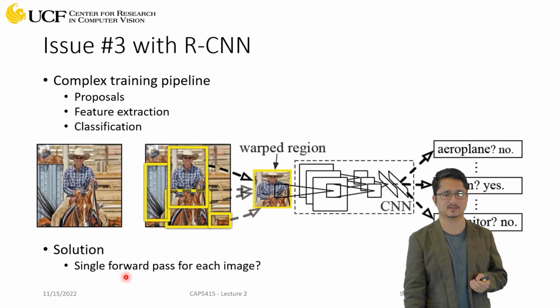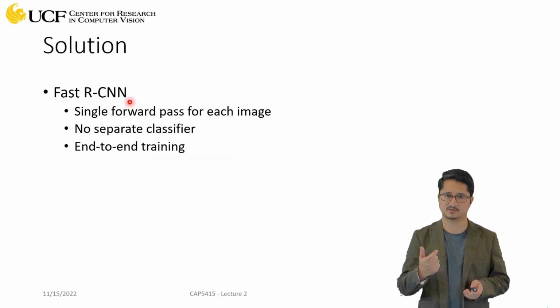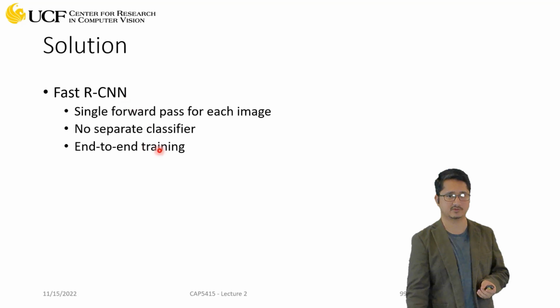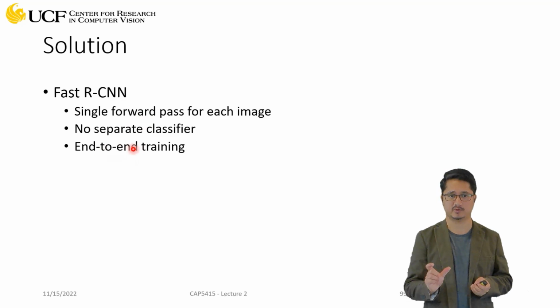What we'll need is just a single forward pass for each image, which will do all of this together. So the solution is called Fast RCNN, and we have three different items to discuss here. We will do a single forward pass instead of multiple passes. We won't have separate classifiers for different classes, and it will be end-to-end learning.